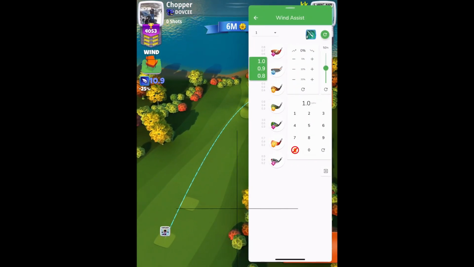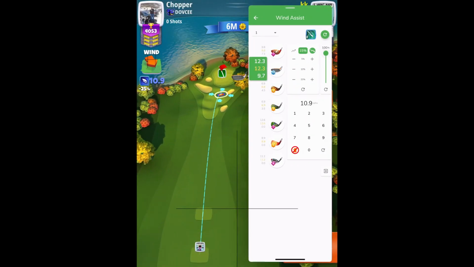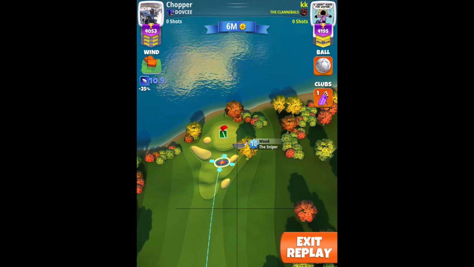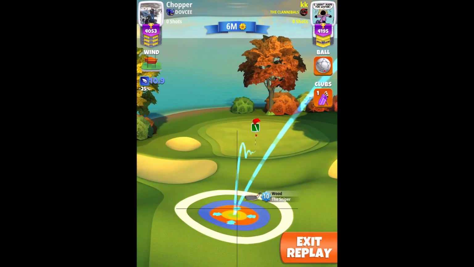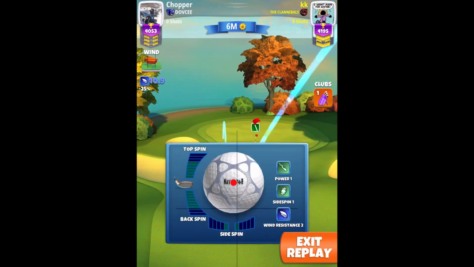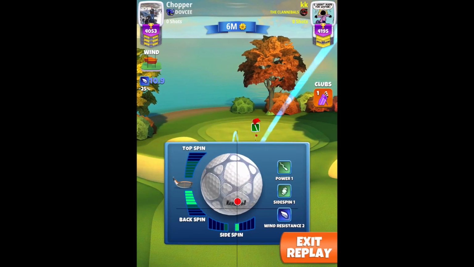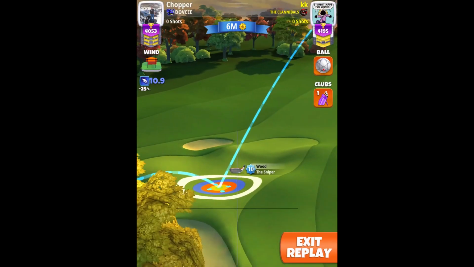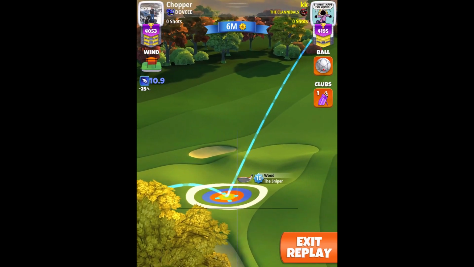Here's a left-right headwind angle. So I always start out with one right spin and full back spin to try to find the aim point that I'm looking for. And then I'm reducing my back spin to about 5 back spin and just a little bit of right spin, about 0.2 right spin.